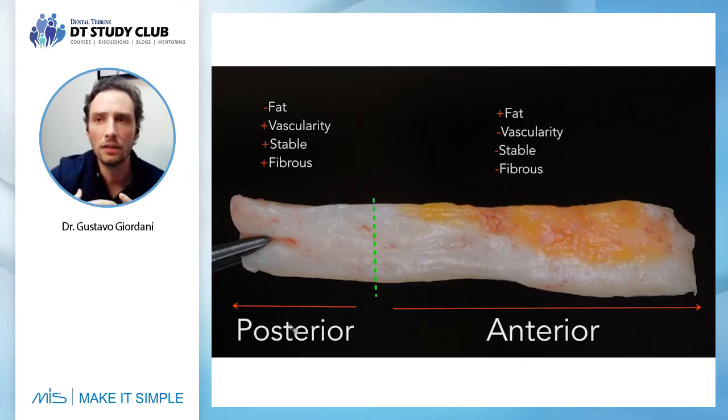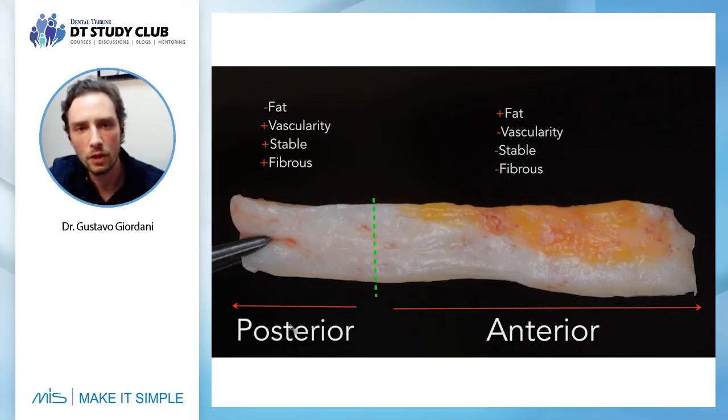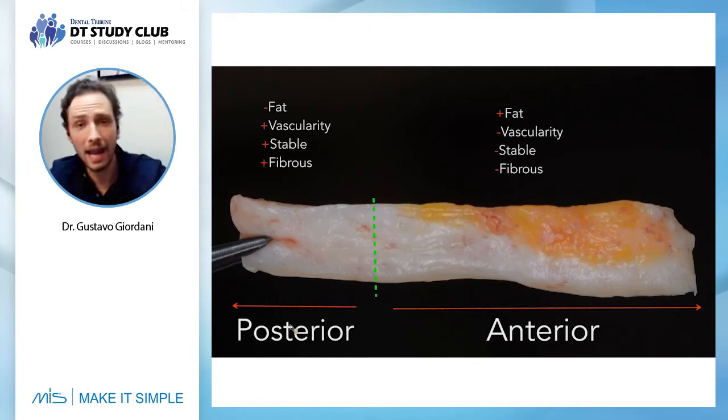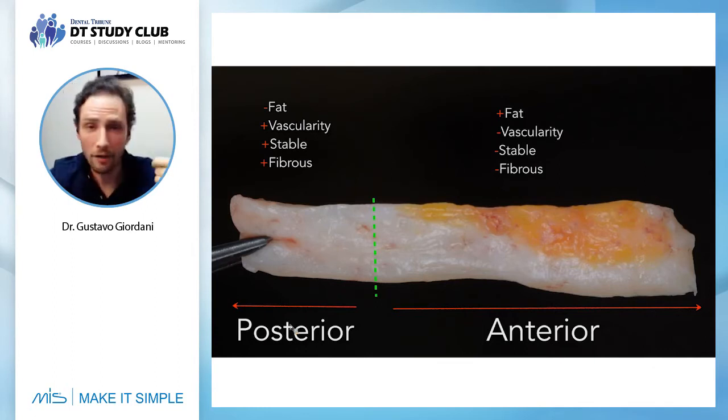So this is not the best tissue that we can remove from the palate. When you go to the posterior part of the palate, we have less adipose tissue, more vascularity, this is more stable, and we have more fibers. So this is the graft that we want because it's more stable.